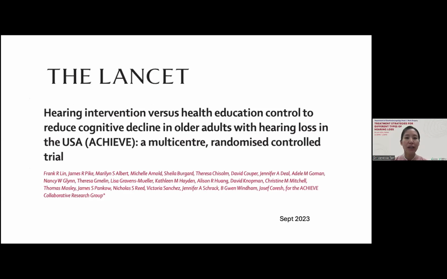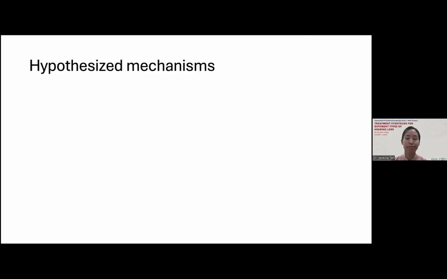So in terms of hearing intervention, whether it has helped to reduce cognitive decline, a recent paper just published last year does show that when you intervene with hearing aids for patients with hearing loss, it can slow down cognitive decline.